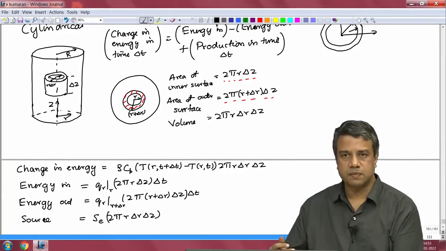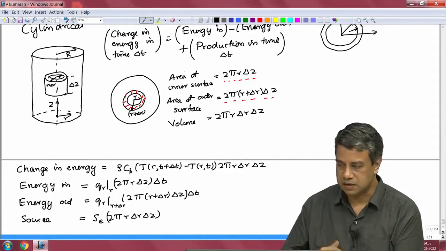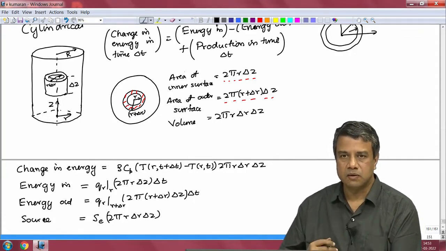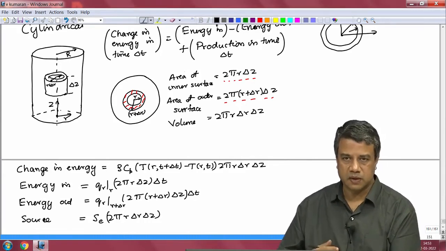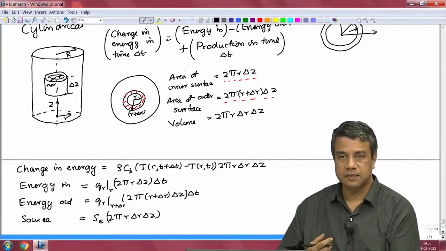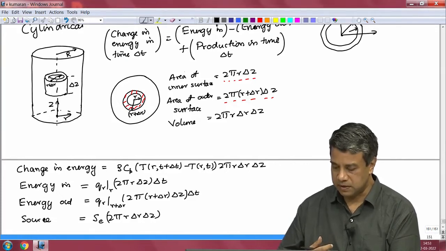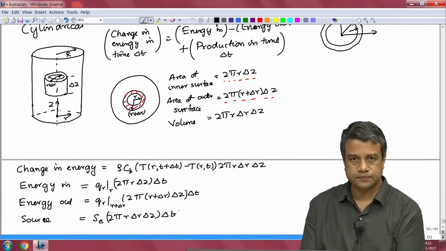S E is an energy per unit volume per unit time. It is like if you have an exothermic reaction, what will be specified is the energy that is generated per unit volume per unit time. So, the rate of the energy generated within a time delta t within the volume has got to be equal to S E times the volume times delta t.